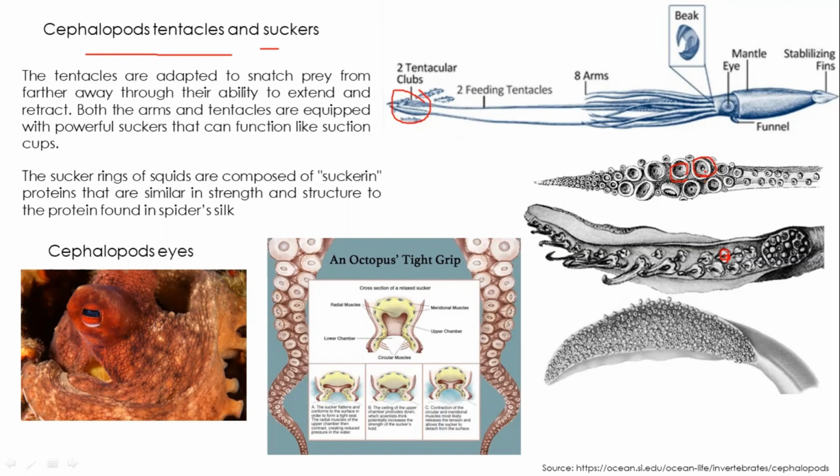This is not only in squids, but you can also see it in the octopus. The octopus also has a tight grip because of the suckers on the tentacles, which create suction and do not allow the prey to escape. So this is the cephalopods' tentacles and suckers.